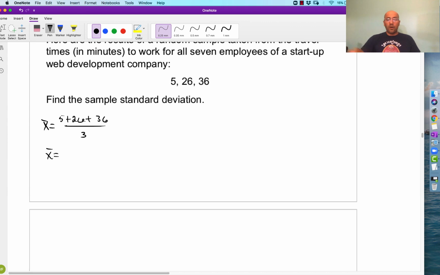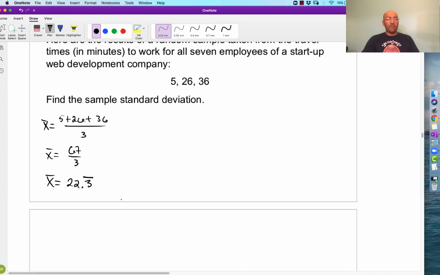And so x bar is equal to 31 plus 36, or 67, divided by 3, which is 22.3 repeating.